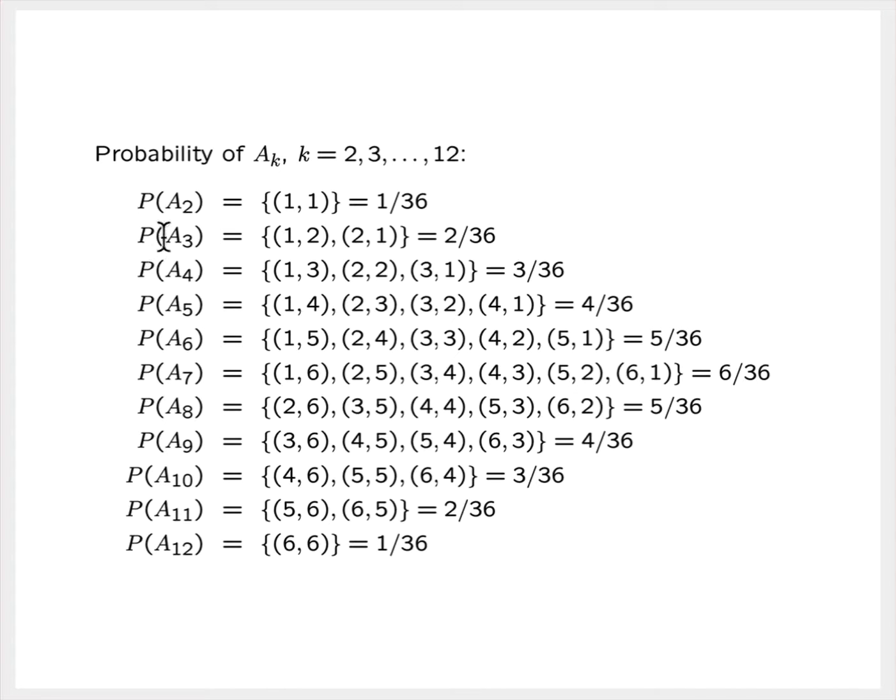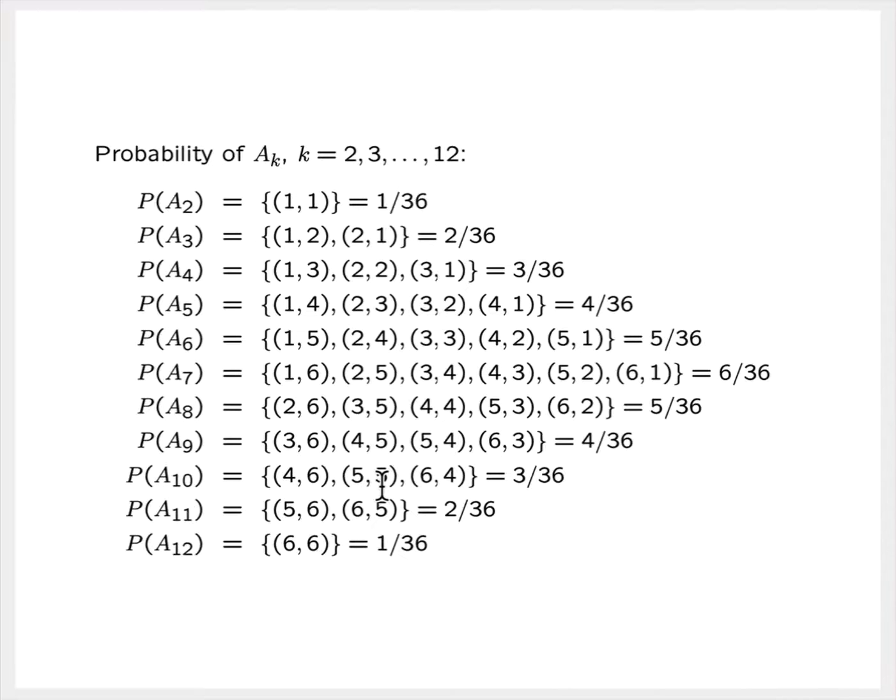The probability of A sub 3 is equal to 2 over 36 because this composite event contains two elementary events, and so forth. So you see how these probabilities are obtained by going back to the sample space of the original experiment and taking into account the probability structure associated with that sample space.